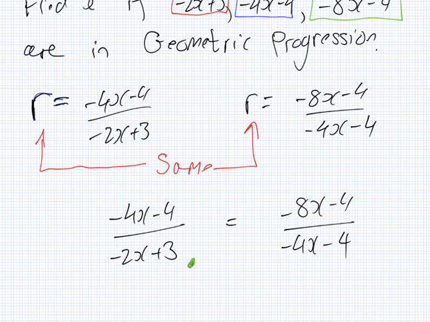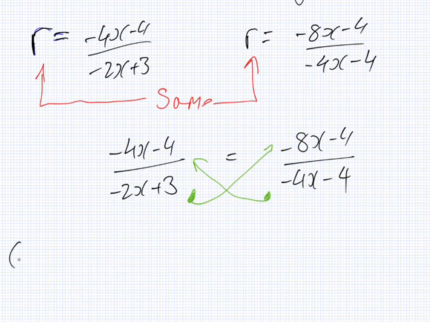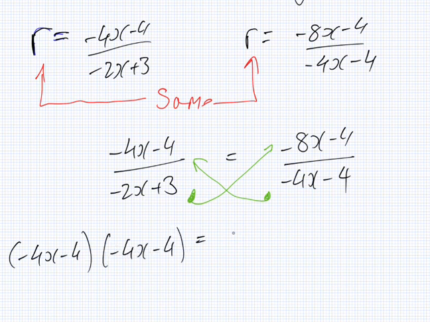Okay, so we can bring this up here, and we can bring this up here. So now we have minus 4x minus 4 times minus 4x minus 4 equals minus 8x minus 4 times minus 2x plus 3.